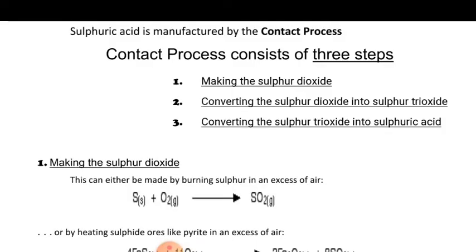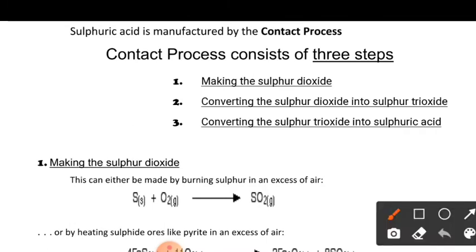Let us discuss something about the manufacturing of sulfuric acid. Usually, sulfuric acid is manufactured by the contact process. Industrially, it is manufactured by which method? Contact process. That contact process consists of three steps. First step is making sulfur dioxide.